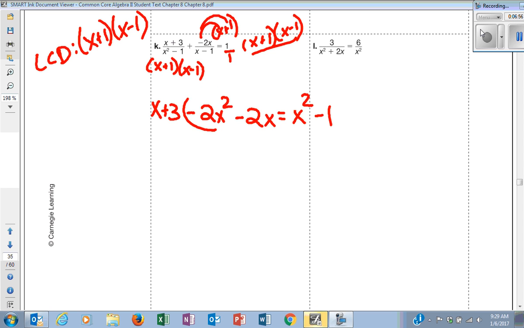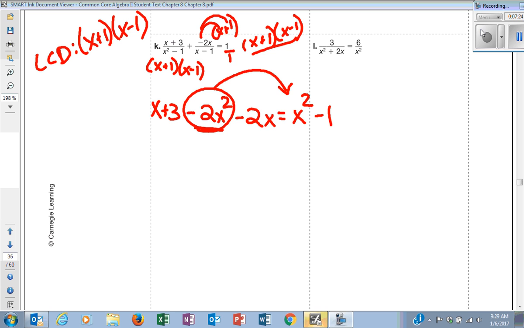So actually, because of this guy right here, because I know that's going to be my leading coefficient for when I try to factor, I'm actually going to move all my stuff over here because I want this thing to be positive. Remember, you're allowed to move it. Yes, technically could I move this stuff over here, but if I did that, I would end up with a negative x squared, and I am trying to set myself up to be easiest. So I'm going to move everything to the other side.